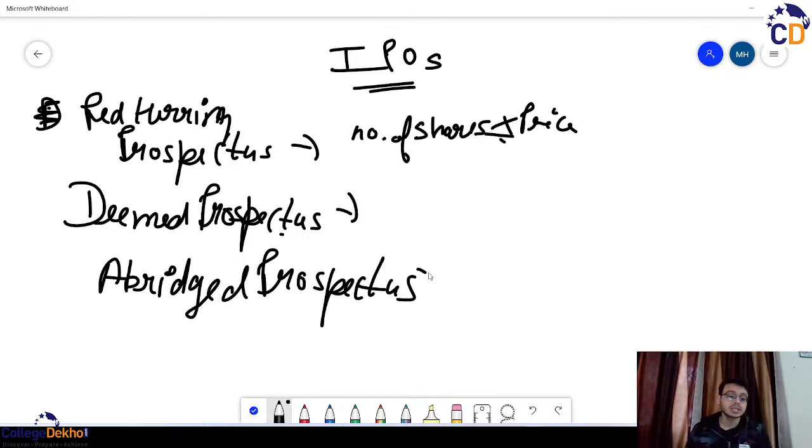So an abridged prospectus gives you a summary of the whole prospectus. Rather than reading all 600 pages, you can read the abridged prospectus as a summary. That is, 600 pages will be summarized into 100 pages or 50 pages, or sometimes even 10 to 20 pages. That ultimately saves your time. So we can say that an abridged prospectus is a summarized version of the main prospectus, and it saves the investor's time if he does not have time to read all of the company's prospectus.